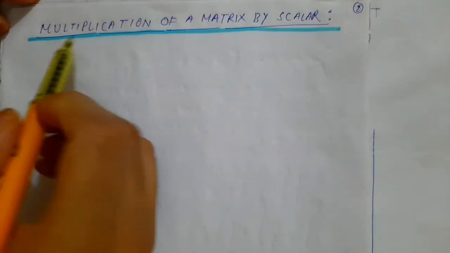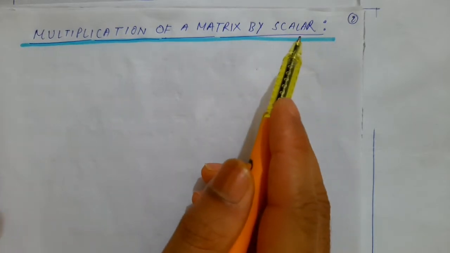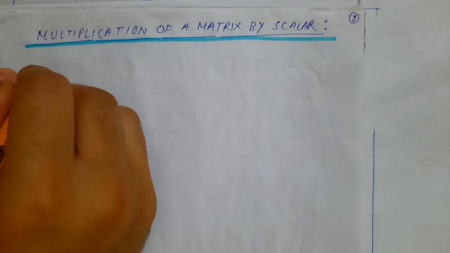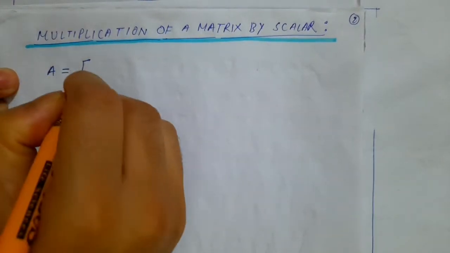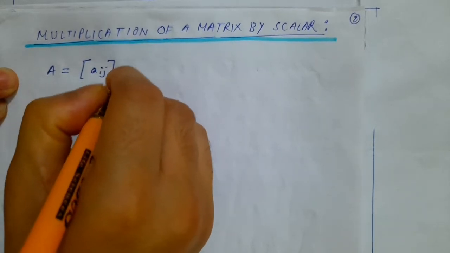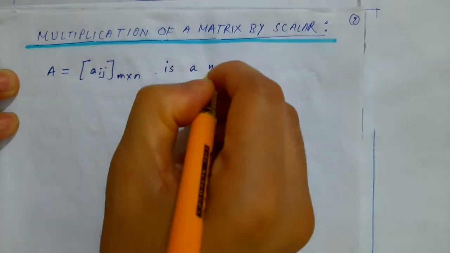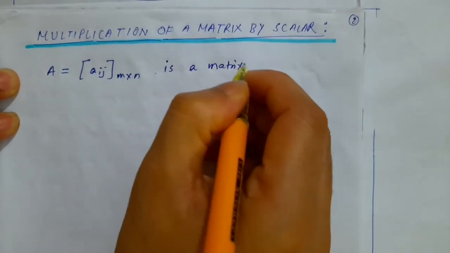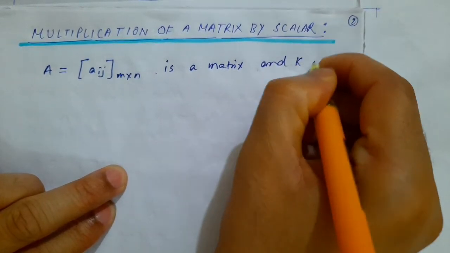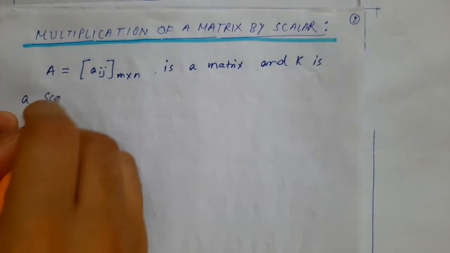Now the next topic of discussion will be multiplication of a matrix by a scalar. A matrix A is represented as Aij, M by L, and K is a scalar.